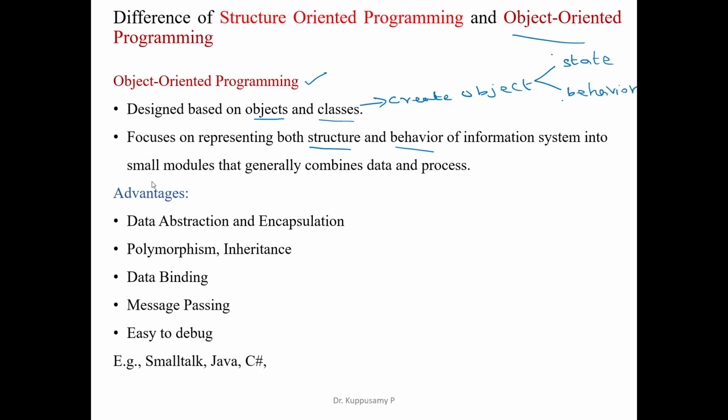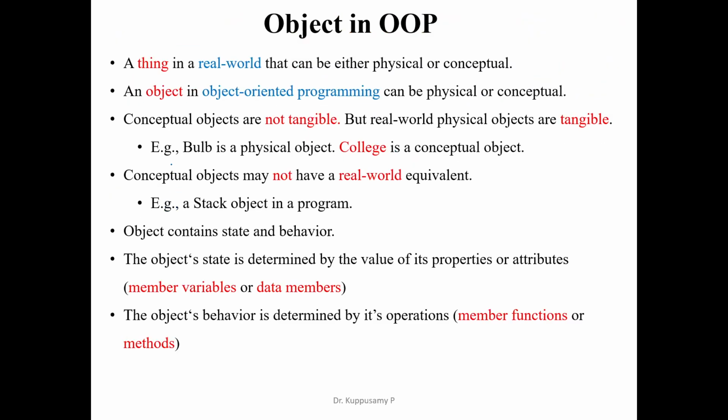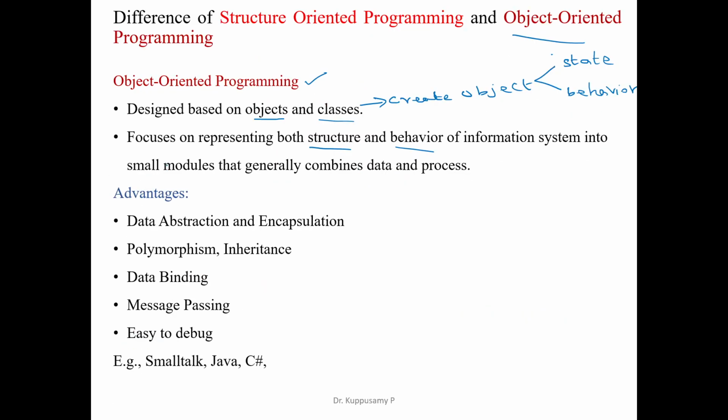It converts a bigger program into smaller modules. Those smaller modules will have the data and process, right? So it supports data abstraction and data encapsulation, inheritance, polymorphism, data binding, and message passing.